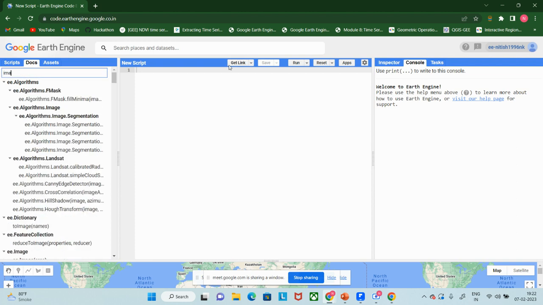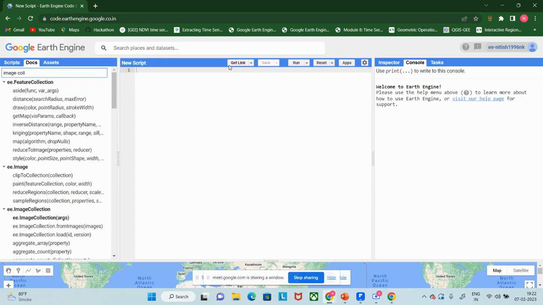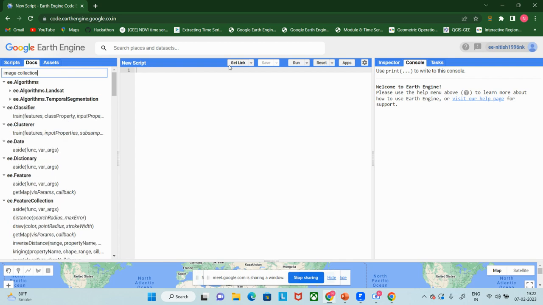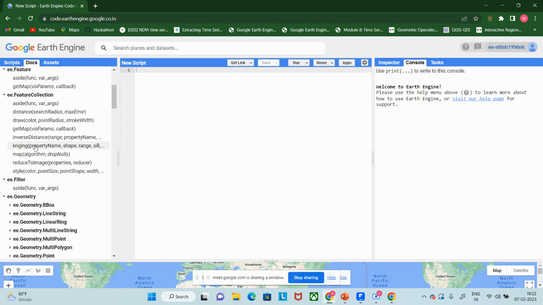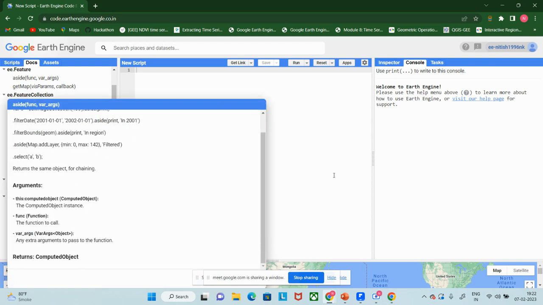Suppose we are working with image collection, all code related to image collection and feature collection, whichever we are typing, will come here. And if we know little about it, we can see how it is done from here.